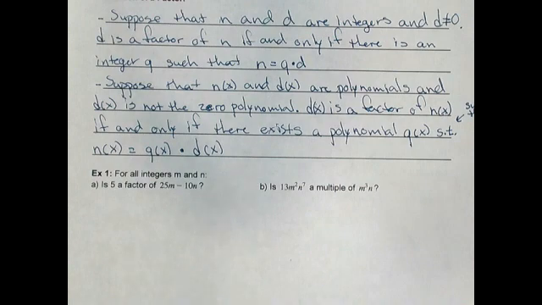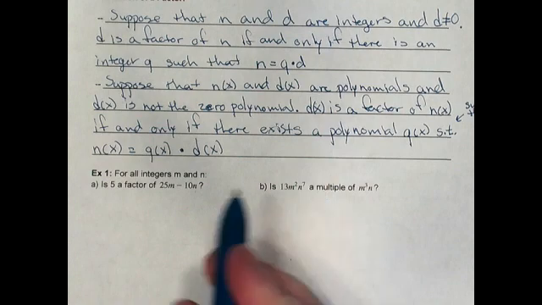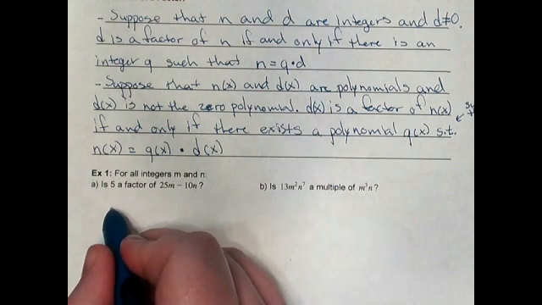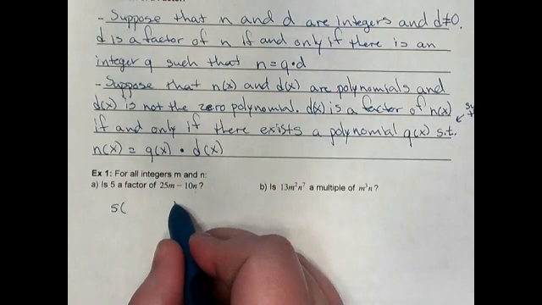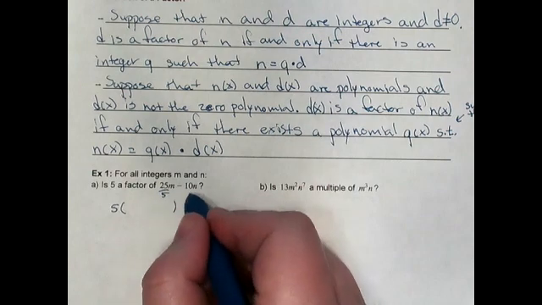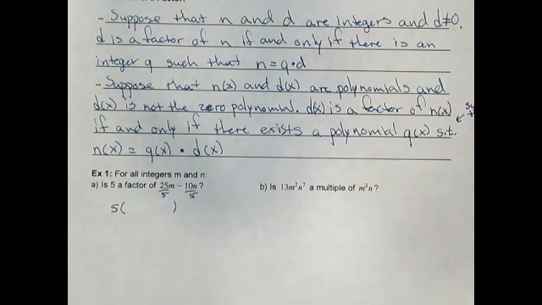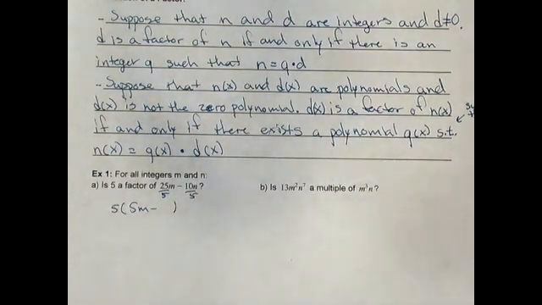To determine if 5 is a factor of this, we have to ask ourselves, can we write this as 5 times some expression? It's like asking, can we divide 5 out of each term? Well, we can. 25m divided by 5 is 5m, minus 10n divided by 5 is 2n.